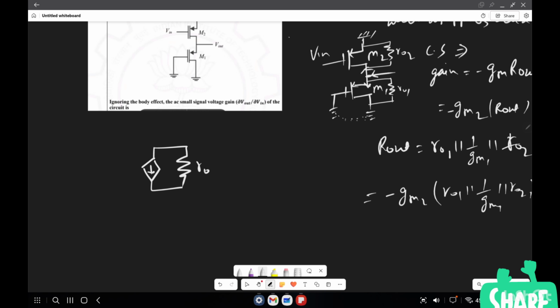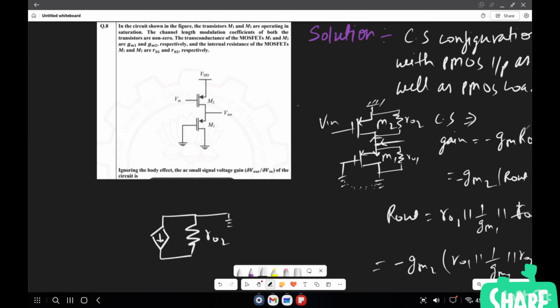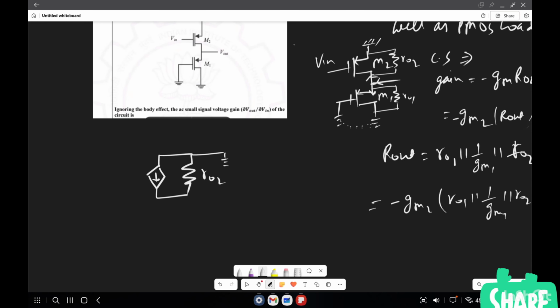This is your ro2, and this will be grounded, because for AC analysis your VDD DC source will be grounded. Here Vin is connected at the gate; this is the drain terminal and the output terminal of M2, this is the source terminal, and this is the gate. So this current will be gm into VSG.